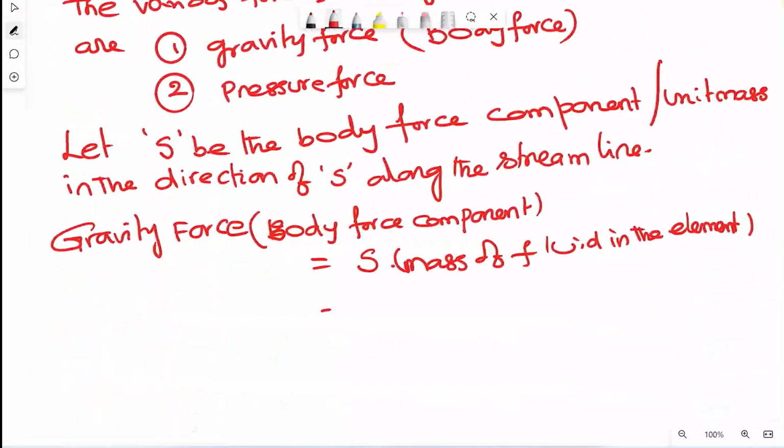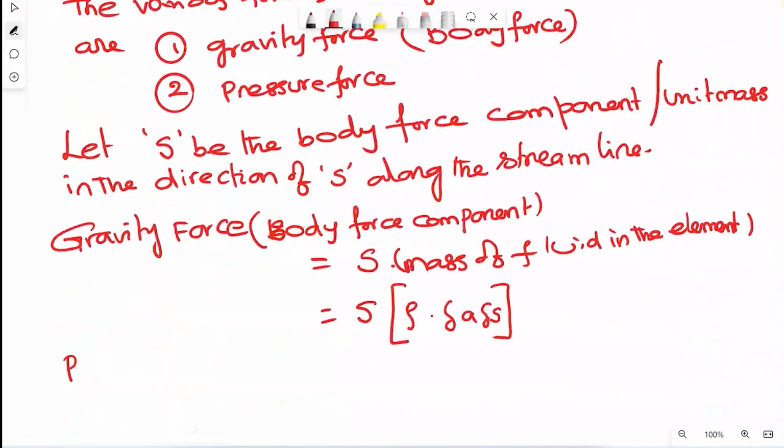What is the mass of the element? Delta A delta S becomes the volume. Volume multiplied by rho. So this is the gravity force component along the streamline direction.